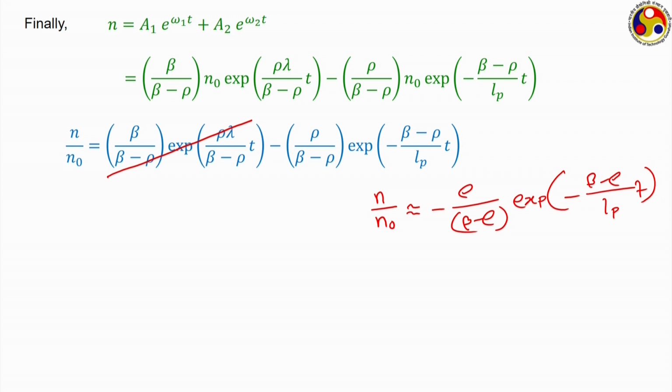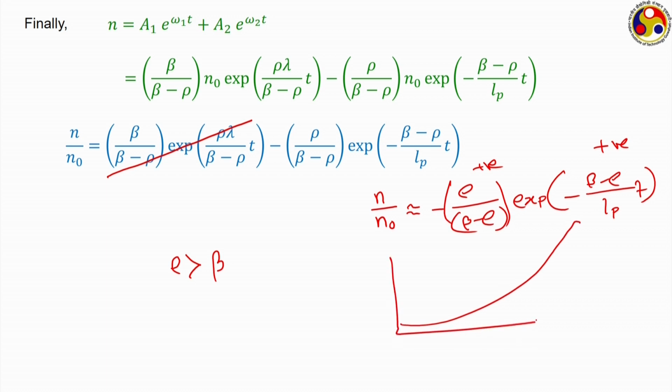Let us take the case when rho is greater than beta. Then this quantity is positive and the entire coefficient is also positive, so the profile, that is n, is actually a positive exponential function. So, it will increase exponentially. If we plot time on this axis and n upon n naught on the other axis, it will exponentially grow.